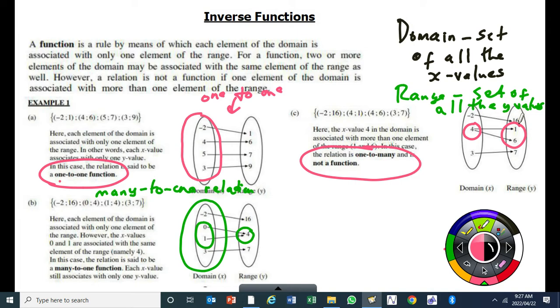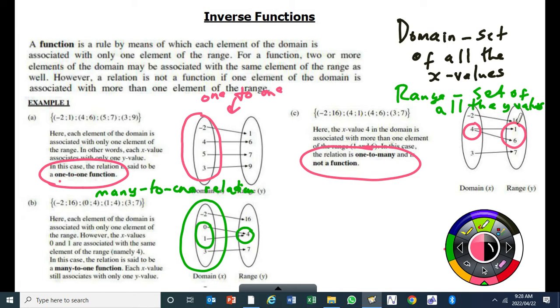Later, under calculus, we are going to learn about the cubic function, which is a many-to-one function. And under this topic, you will also be introduced to the logarithmic function, which again is a one-to-one function.